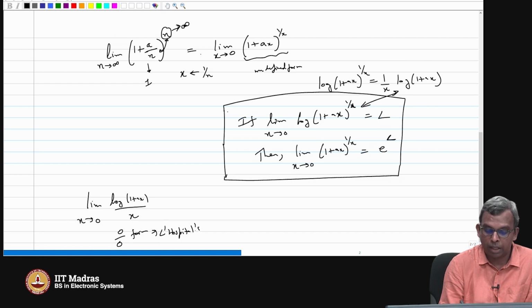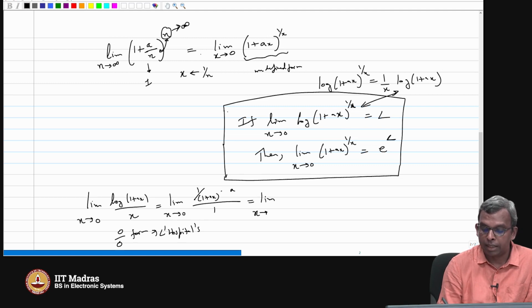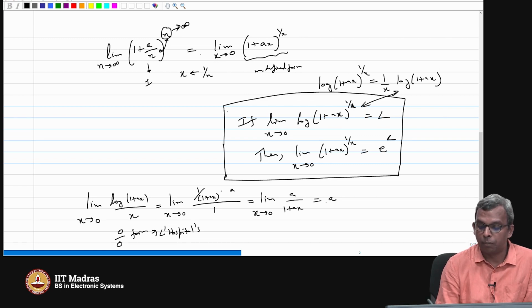L'Hopital's rule can be used here. So I get that this is the same as the limit as x tending to 0 of the derivative of log, which is 1 by (1 plus ax) times a, divided by the derivative of x, which is 1. So you get here now a very easy limit as x tending to 0, a by (1 plus ax), and that is simply a.